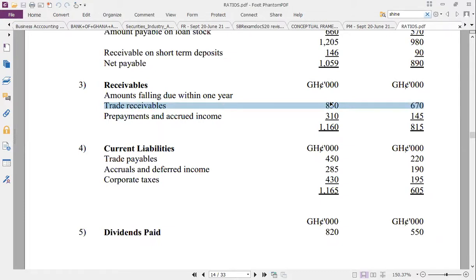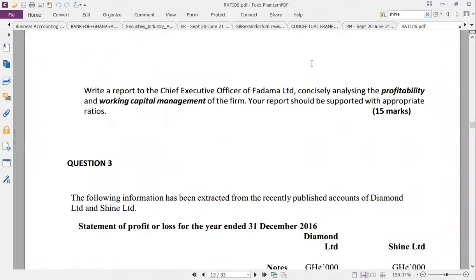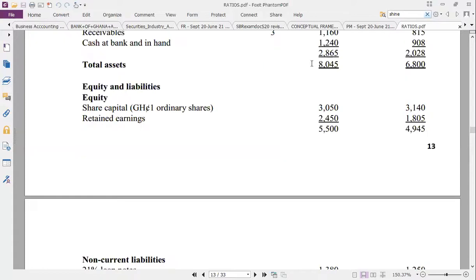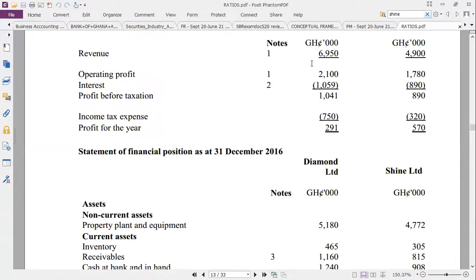Even though the examiner said account receivable, we still have to use the trade 850,000 all over sales revenue. Sales revenue happened to be 6950. That's the sales revenue, 6950.